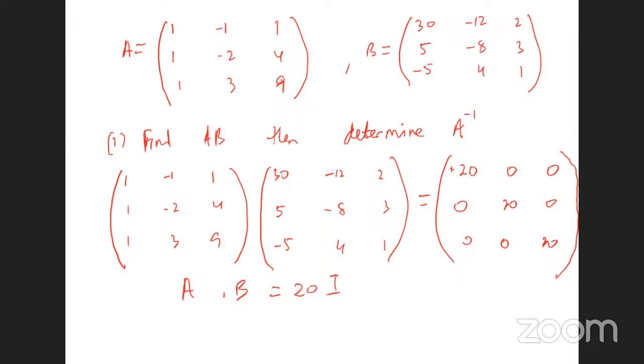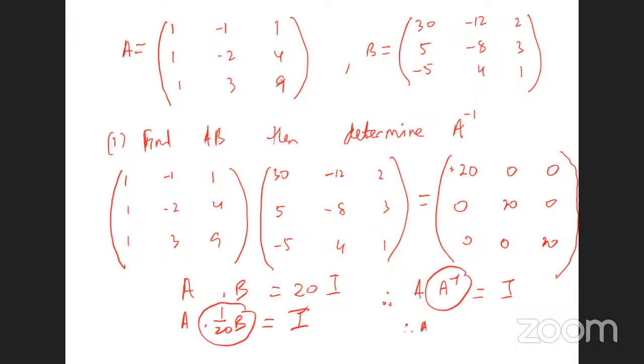So if I move the 20 across, I get A times 1 on 20 B is equal to I. Correct? So what does that mean? Remember, A by A inverse is equal to I. So it means that A inverse is equal to 1 on 20 B. Are you okay with that?